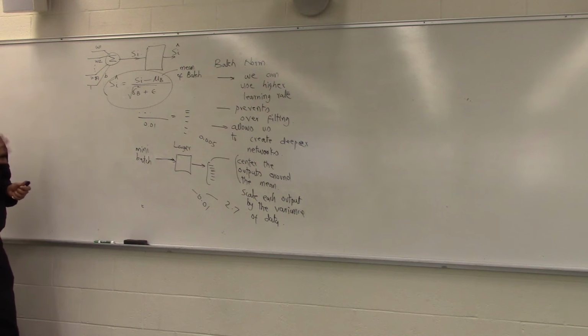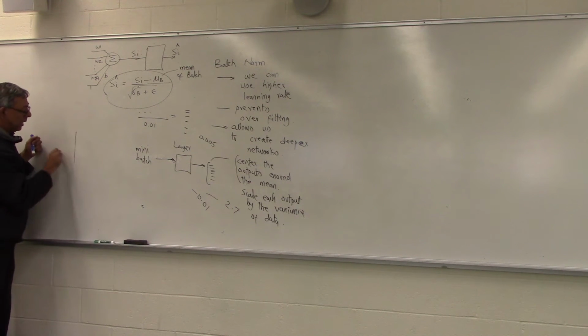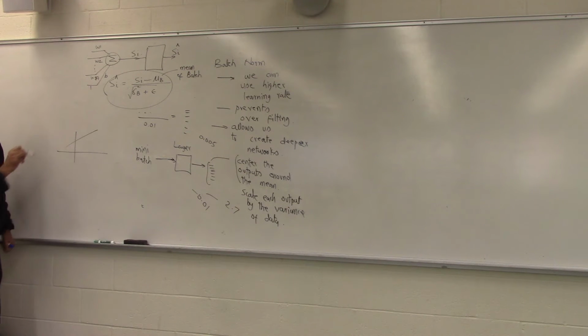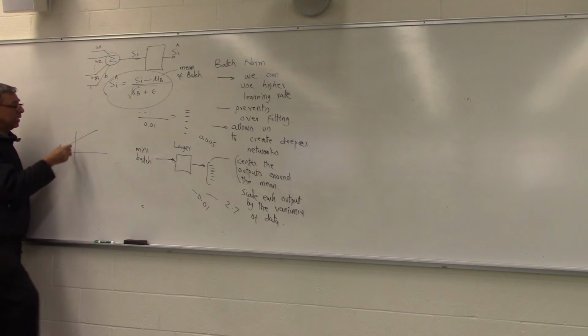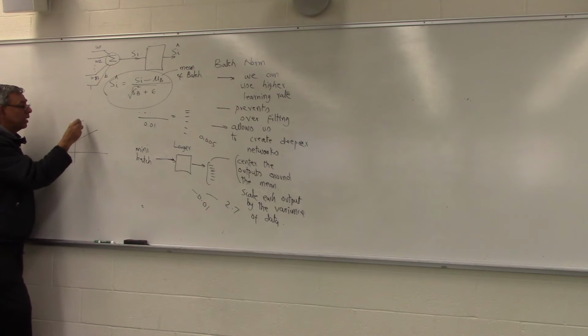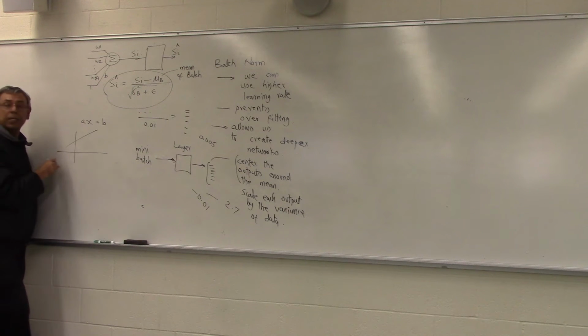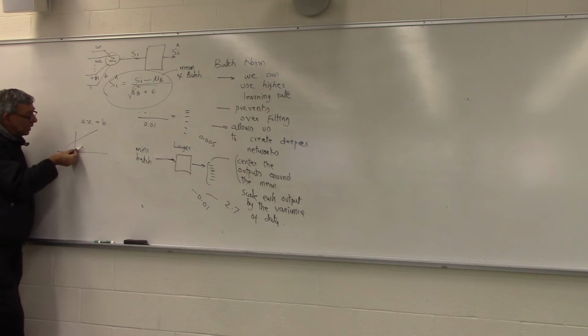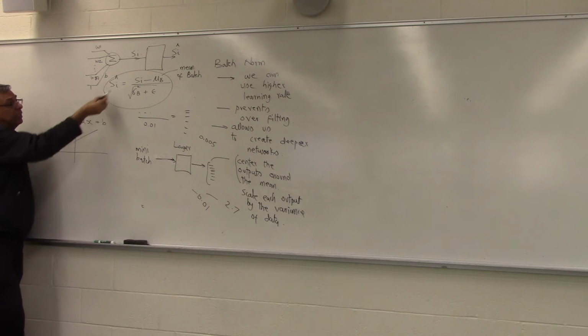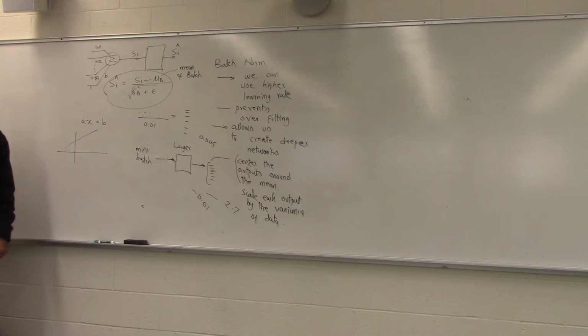However, what if we were trying to approximate a very simple example, something like the equation of a line like ax plus b? As you can see, if we centered it around the zero, around the mean, we'll miss this. So we still need a capability to be able to shift this output if we wanted to.